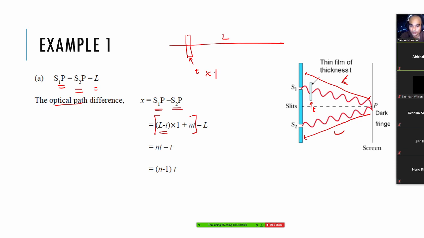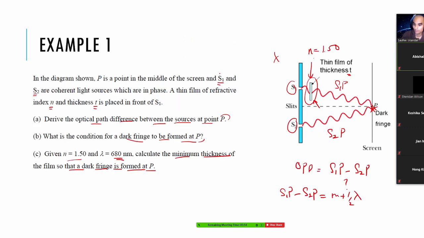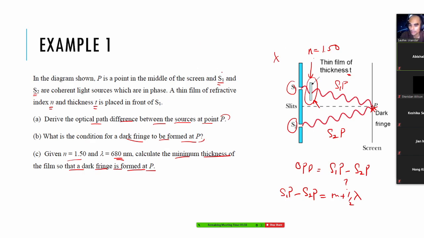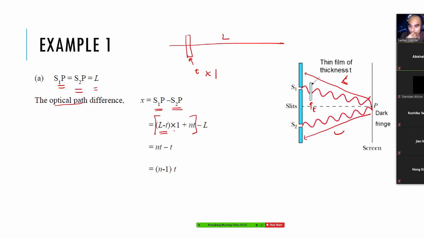Times 1, plus nt. The refractive index of air is 1. Okay, L minus t times 1 plus nt. nt is inside the glass.